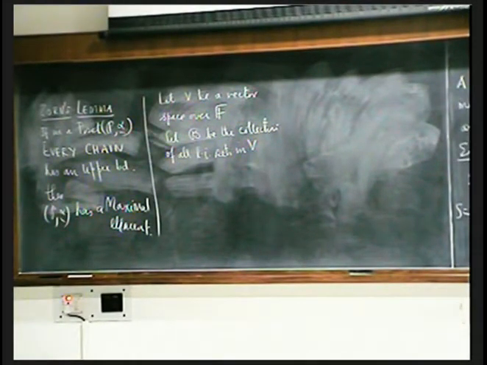So note that this is a collection of sets from that vector space V. Now this collection has members with a very peculiar property. Something can be a member if and only if every finite subset is also a member. Being a member means being a linearly independent set.